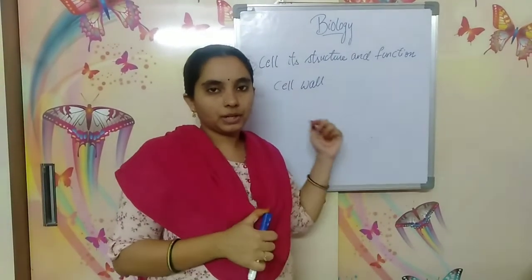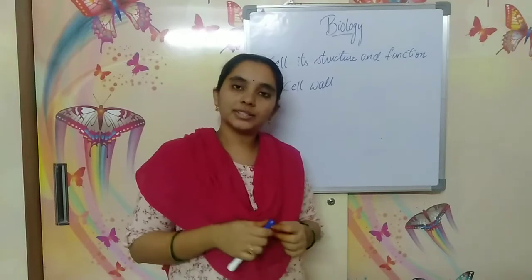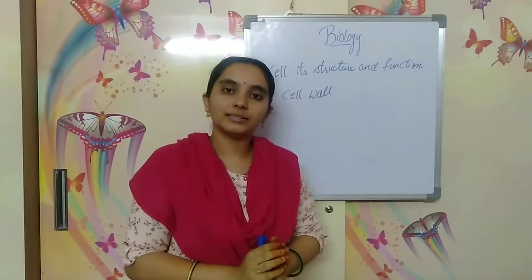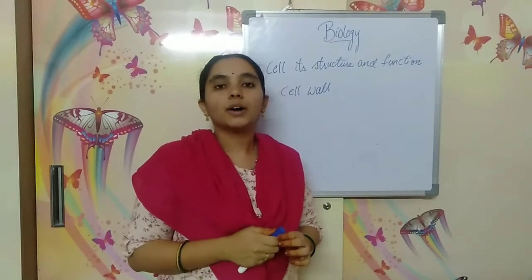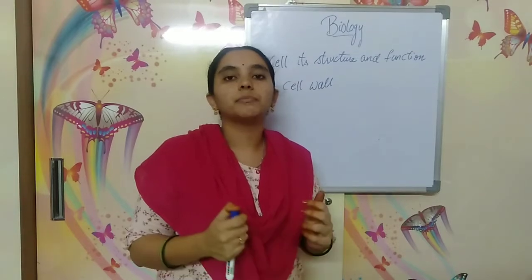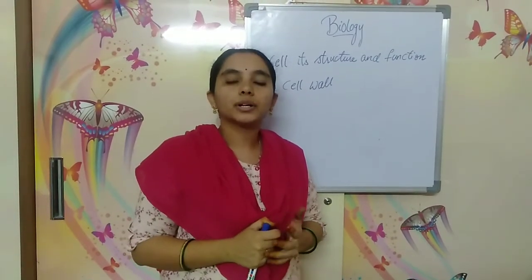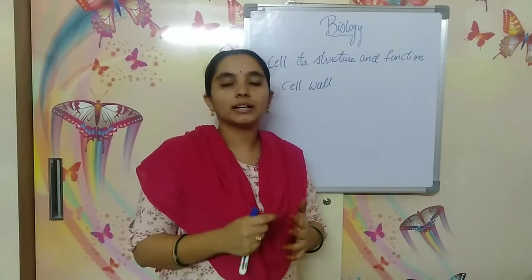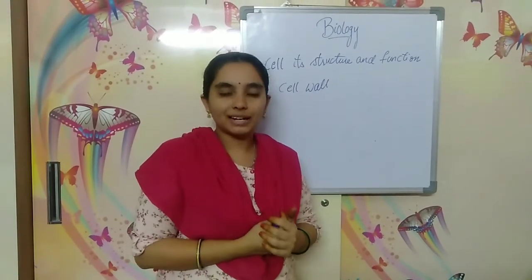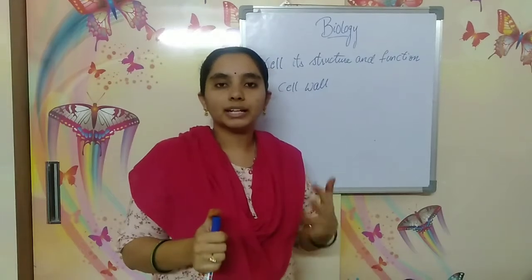Now let us do the cell wall. The cell wall is a structure present only in plant cells but not in animal cells. As you know, the cell wall is a very tough or rigid layer present as the outermost covering of the plant cell. What do we mean by rigid or tough?